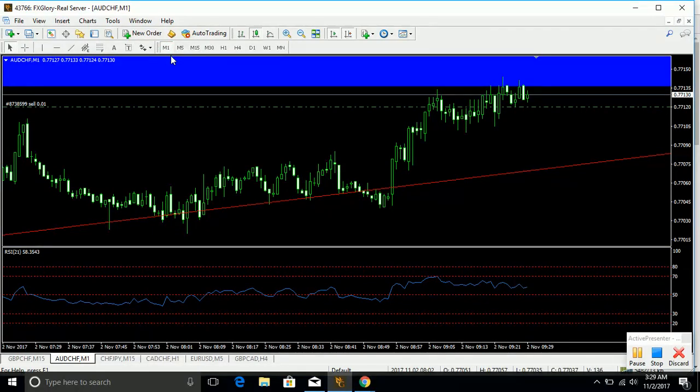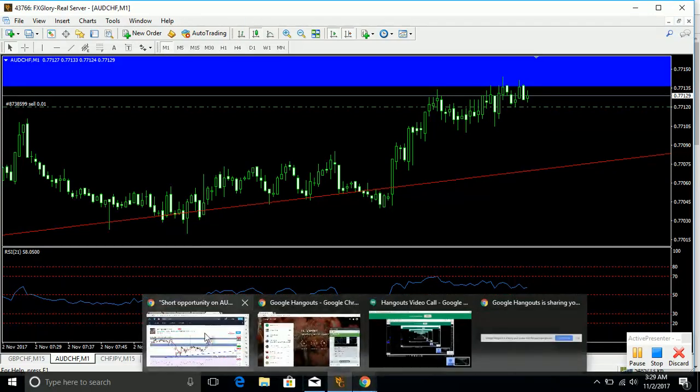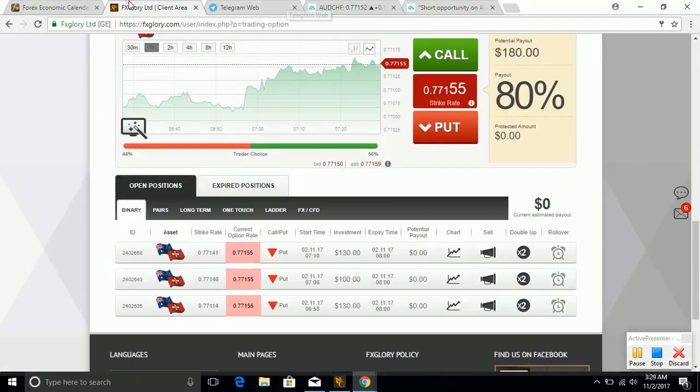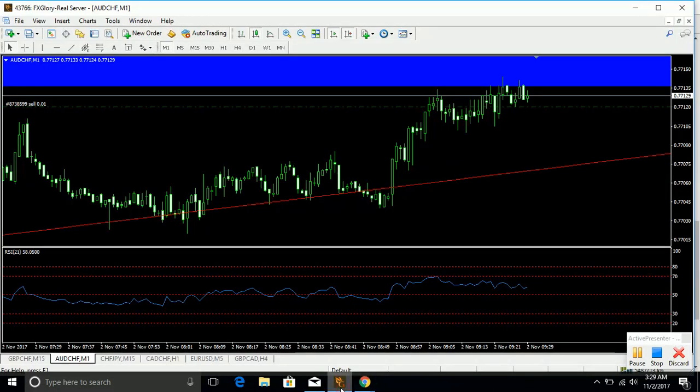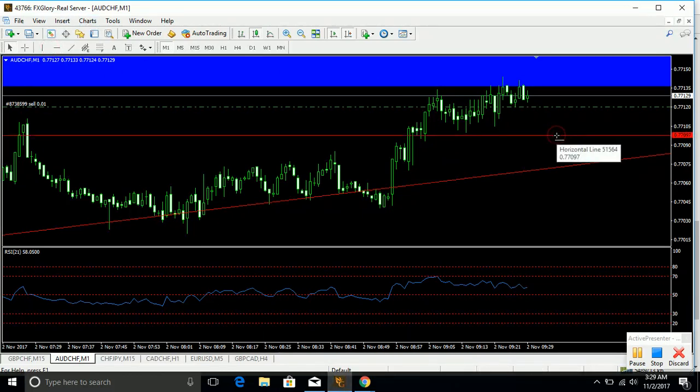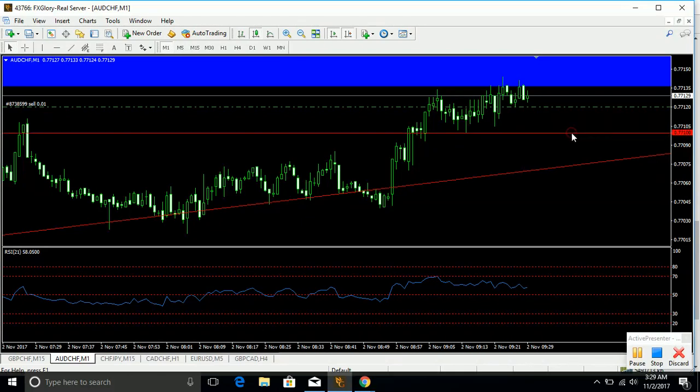Now these particular trades that I took on the binary level for this Aussie CHF, they expire at 8 o'clock. So these expire in 30 minutes. And based on where I entered, I need price to close below this red line.